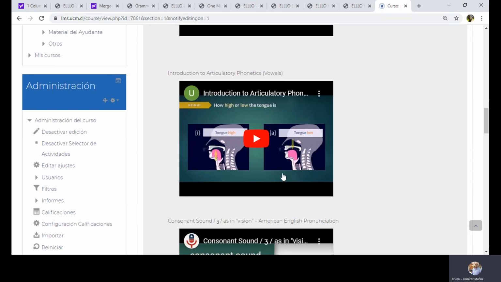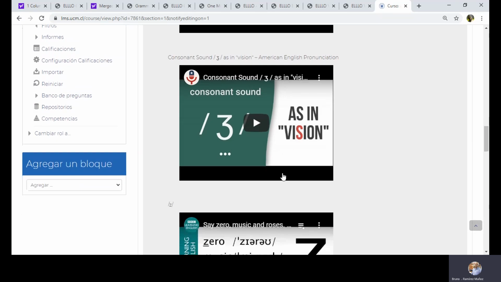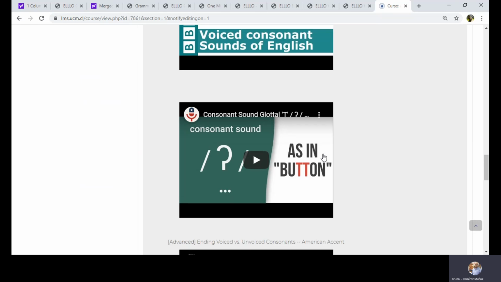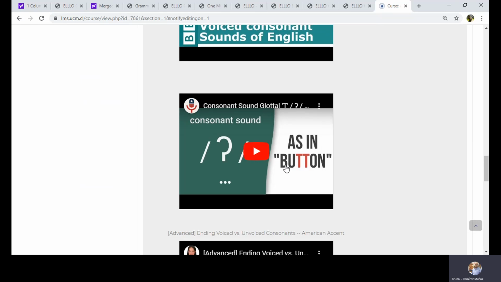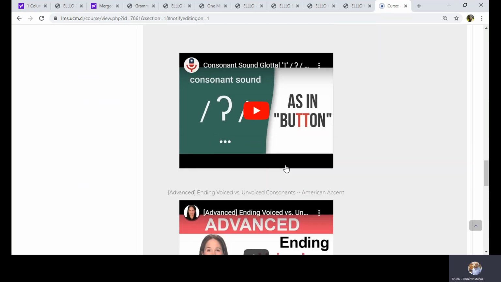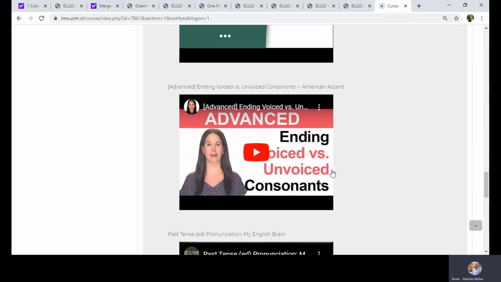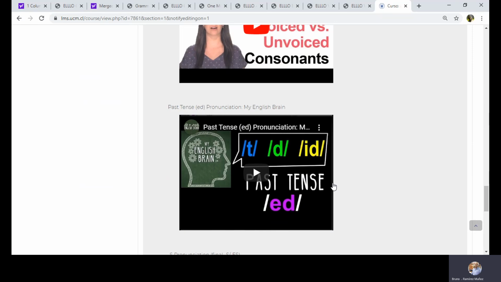Here they're giving examples. The good thing is that you can see pictures here, right? The sound z as in vision, the consonant sound z as in zero, the glottal stop as in button, right? And here you have voiced versus unvoiced or voiceless consonants. And here you have past tense ed, which might be t, d, or id.